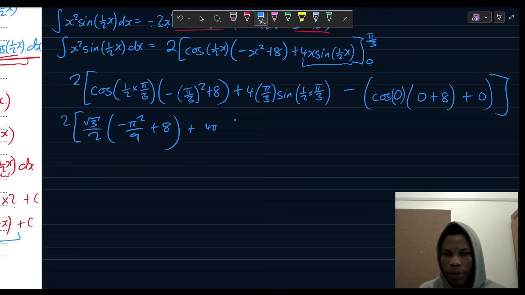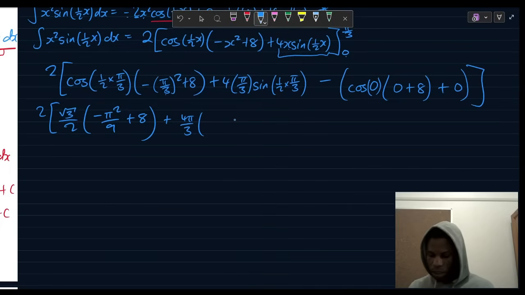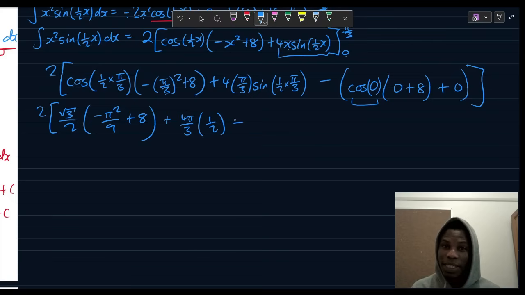So 4 pi over 3 multiplied by sine of a half times pi over 3. So we want sine of 1 over 2 times pi over 3, which is just 1 over 2, minus, so be careful here, it might be tempting to say cos 0 is 0, it's not. Okay, so minus, we've got cos of 0, which is going to be 1 times 0 plus 8, so 1 times 8 plus 0.